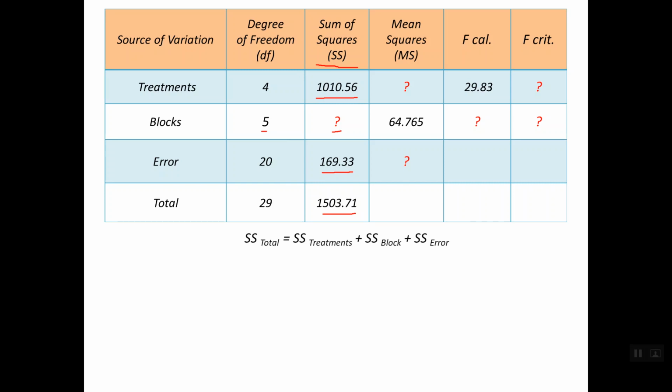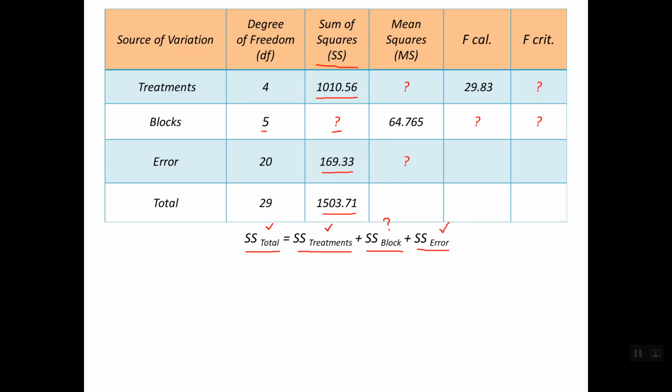So the SS total is the total of all of these. SS total is known. The SS for the treatments, again, is known. The SS of the blocks is missing. We need to find it. And the SS for the error, again, is known.